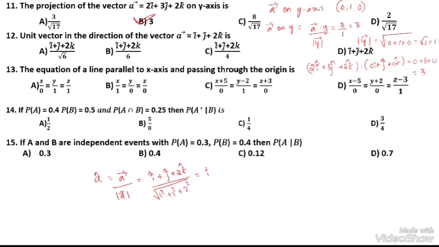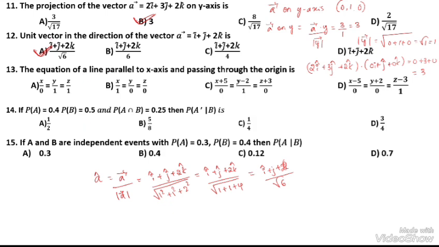It is i cap plus j cap plus 2 k cap divided by 1 square, 1 plus 1 square, 1 plus 2 square, 4. It becomes i cap plus j cap plus 2 k cap divided by 1 plus 1, 2, 2 plus 4, it is root 6. Which option is correct? The option number A is correct.